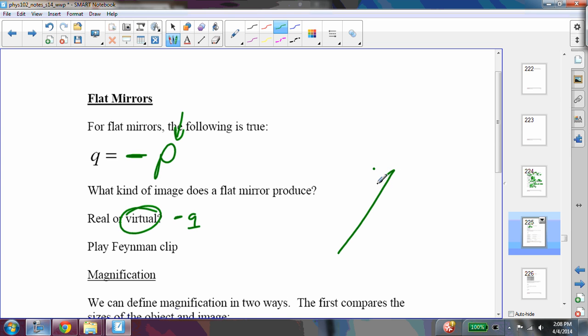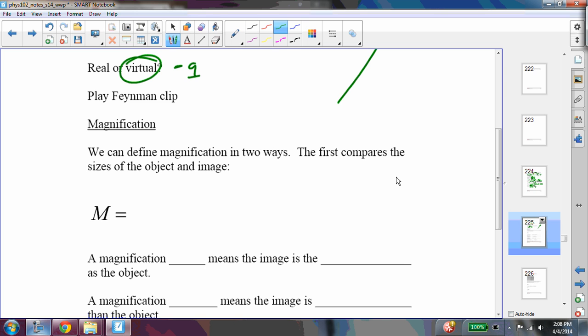All right, now let's define some things about magnification. We're going to define magnification in two ways. In the first way, we will compare the height of the image to the height of the object. So our magnification is going to be image height divided by object height.